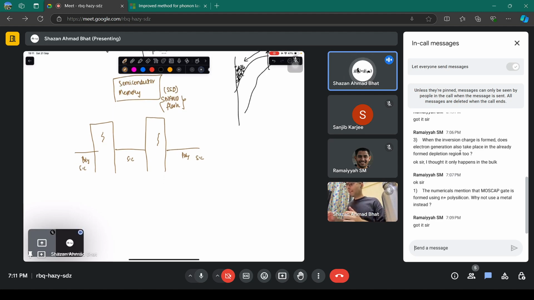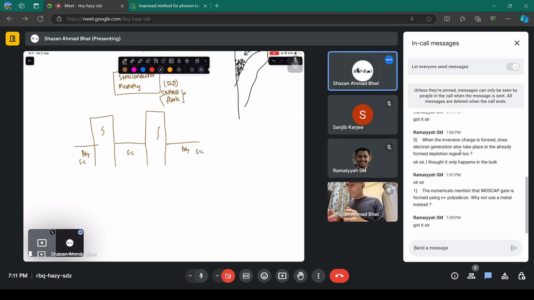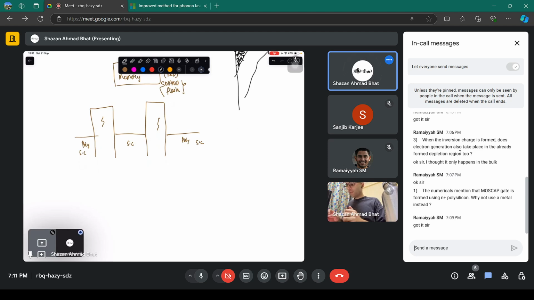How you create a memory inside an SSD or a NAND or a flash. What you do there, you apply certain voltage so that this particular region goes up, this goes down, this also goes down. Let's say you apply negative and positive here.